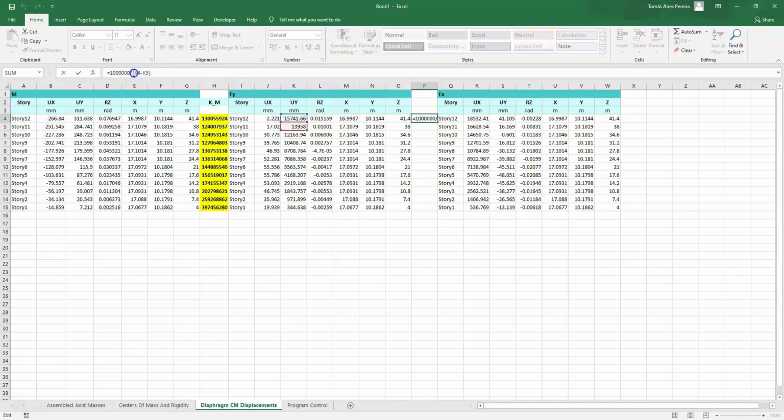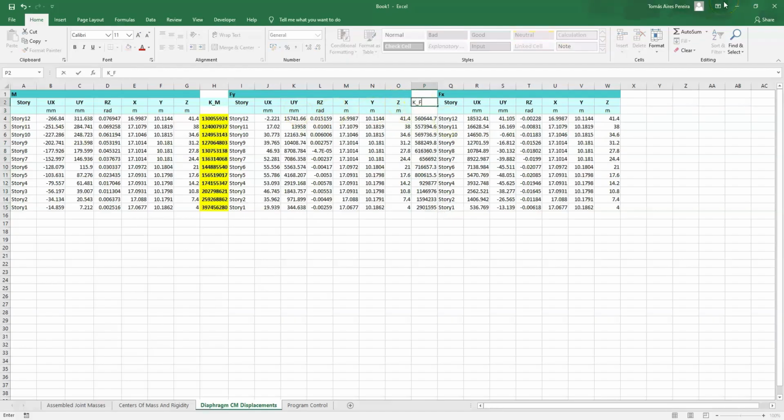Therefore, we will have to make a slight adjustment. For rotation, it is not important, but for translations, it is indeed important. This is not the total stiffness value that we actually want to calculate, but we already have a simplified form. We are going to see the stiffness results calculated at the center of mass, which is not exactly what we are looking for. Once again, adjusting the formula here to give us the correct values.